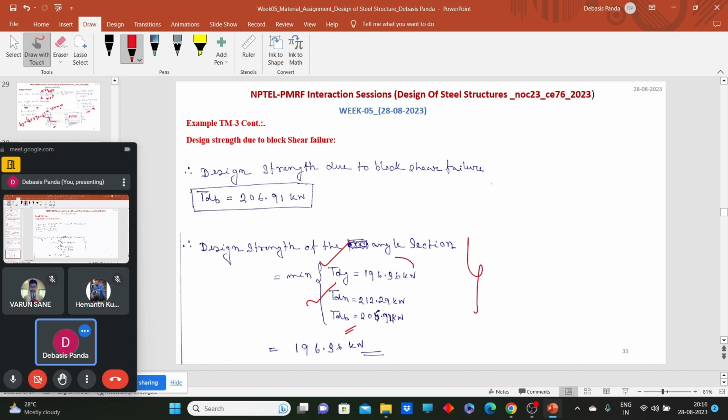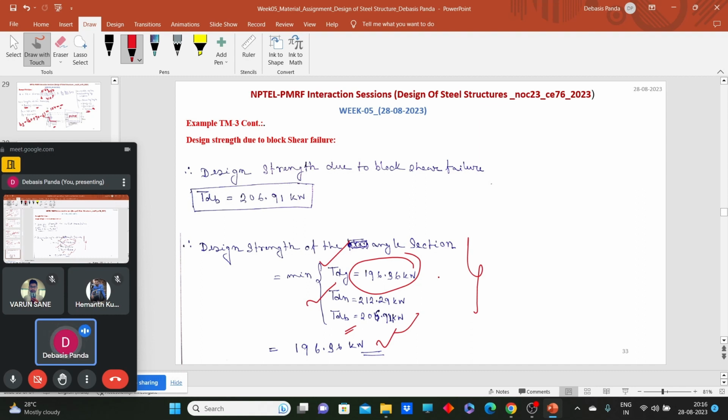So obviously, the yielding failure is the governing criterion for this angle section. So what will be the design strength? 196 kilonewton. Clear?